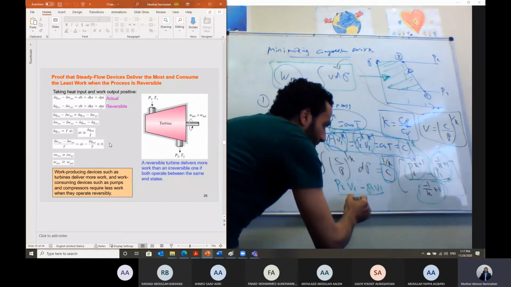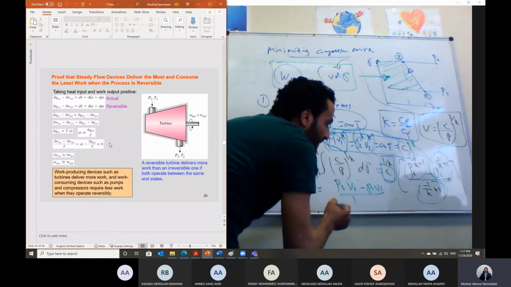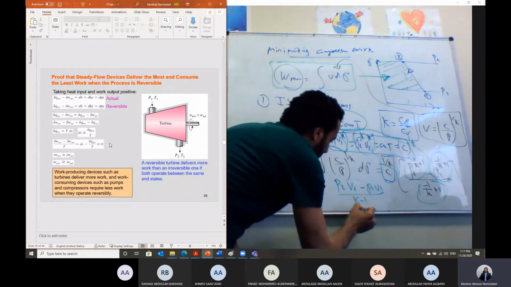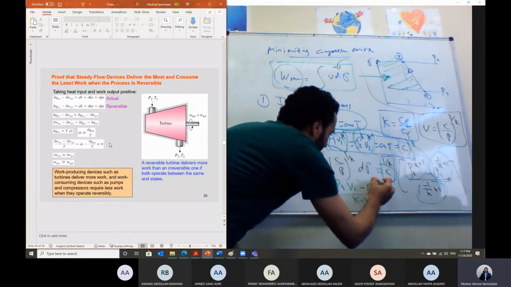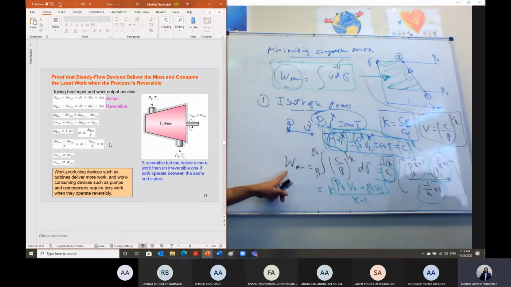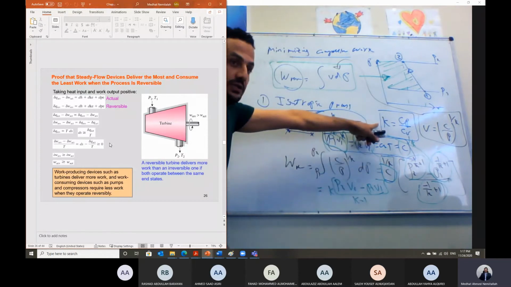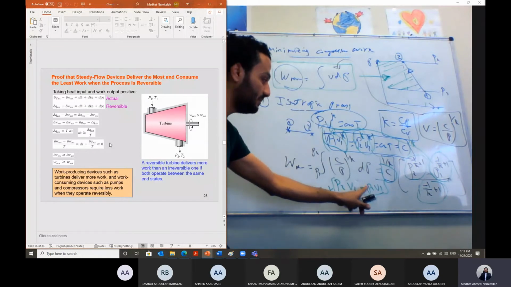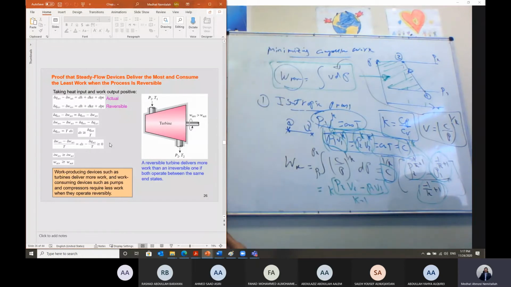It can be built as k minus 1, and here we have the parameter k. So in this case, the work for an isentropic process will equal k, which is the specific heat ratio, divided by k minus 1 multiplied by P2 V2 minus P1 V1.